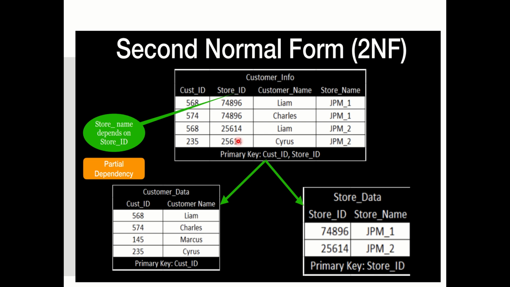So what we have done is split the table into two different tables, so that now customer name, which is the non-key attribute, is fully functionally dependent on the primary key, and the non-key column store name is fully functionally dependent on the primary key, which is store ID here, right?